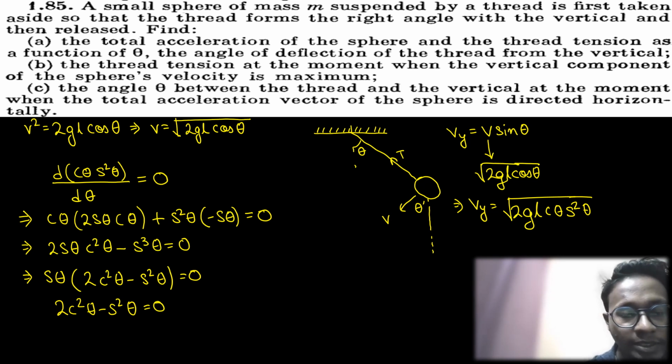So out here, sin square theta is equal to 2 cos square theta. If I take cos square theta to the left hand side, then sin square theta divided by cos square theta is nothing but tan square theta.